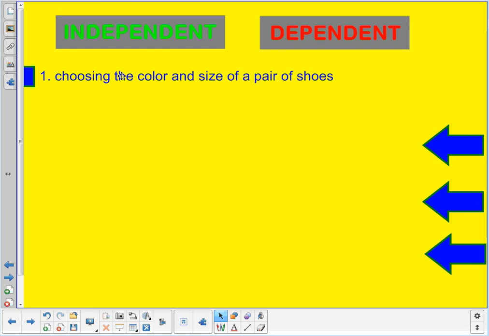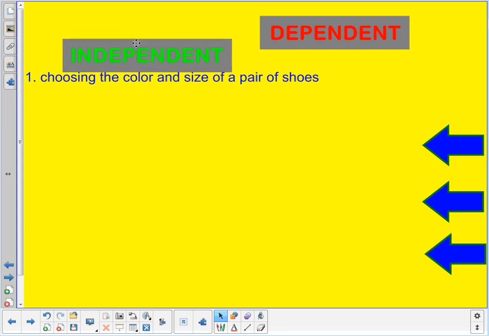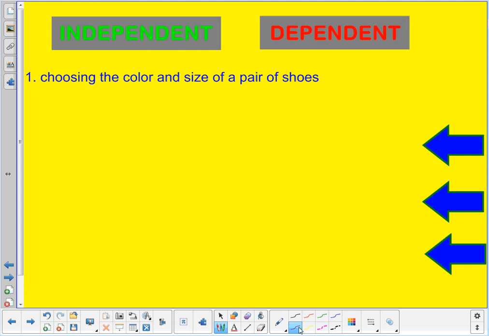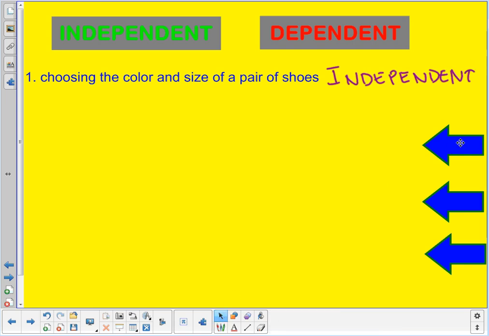So choosing a color and a shoe size, it's not like when you pick a size 7, the purple shoes go away. Okay, these are independent events, because again, theoretically, the shoe company makes every color in every size. It's not like one has to do with the other.